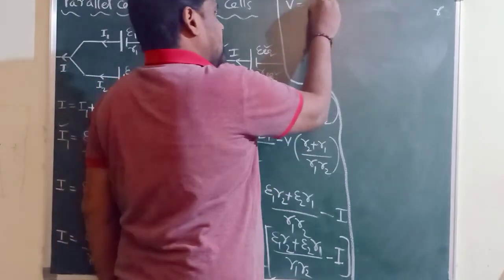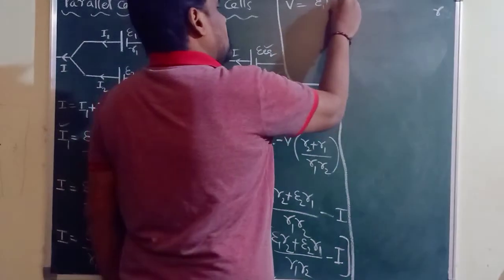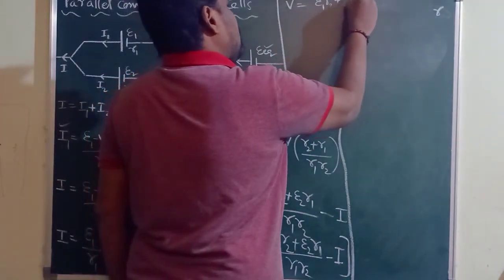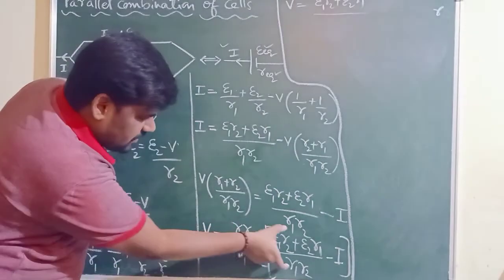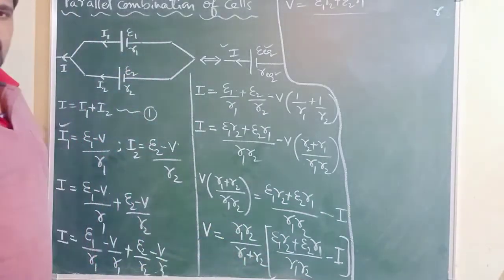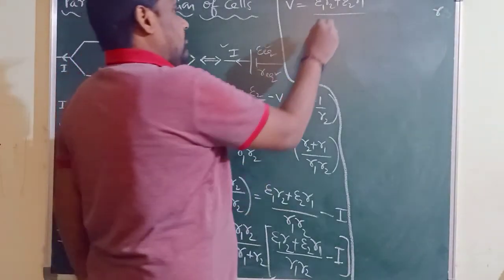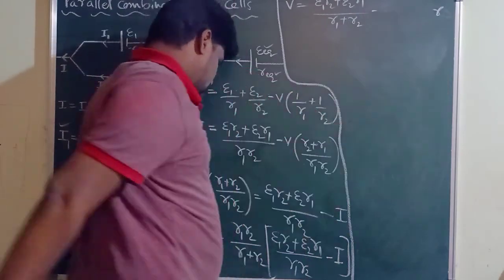Therefore I can write this as E1 R2 plus E2 R1 divided by R1 plus R2, minus.